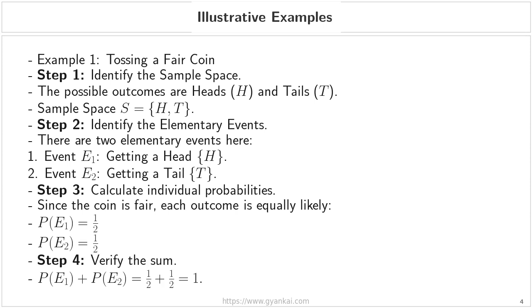Finally, in step 4, we perform a verification step to ensure we are following the fundamental property we discussed in slide 3. We add the probability of E sub 1 to the probability of E sub 2. As you can see, 1/2 plus 1/2 equals 1. This confirms that the sum of all our elementary events equals 1, verifying our math is correct before we move on to a slightly more complex example involving a die.